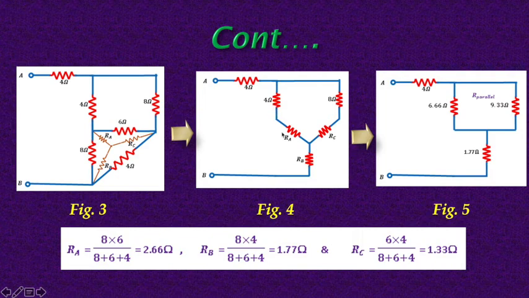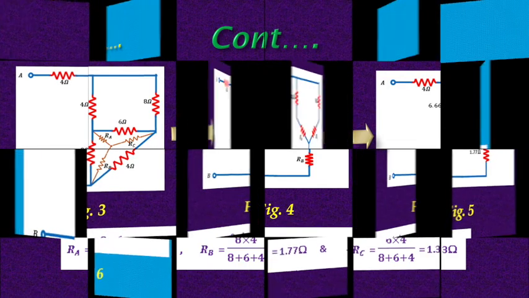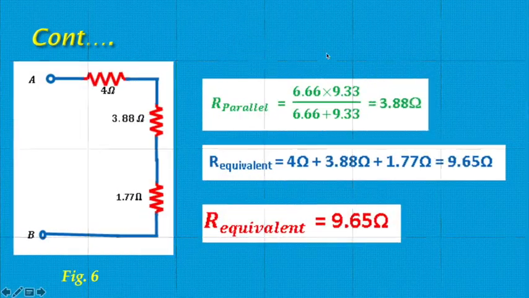Here RA and the 4 ohm resistance are in series, and the 8 ohm and RC resistances are in series. These two branches are in parallel, and the resultant parallel resistance is 3.88 ohm.